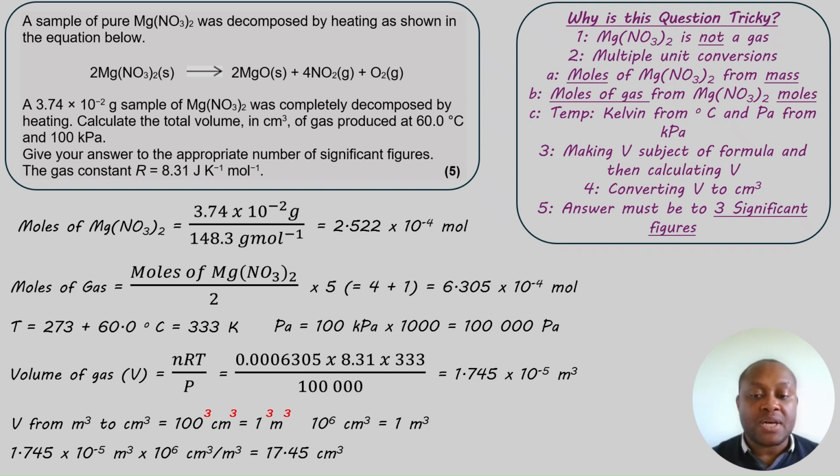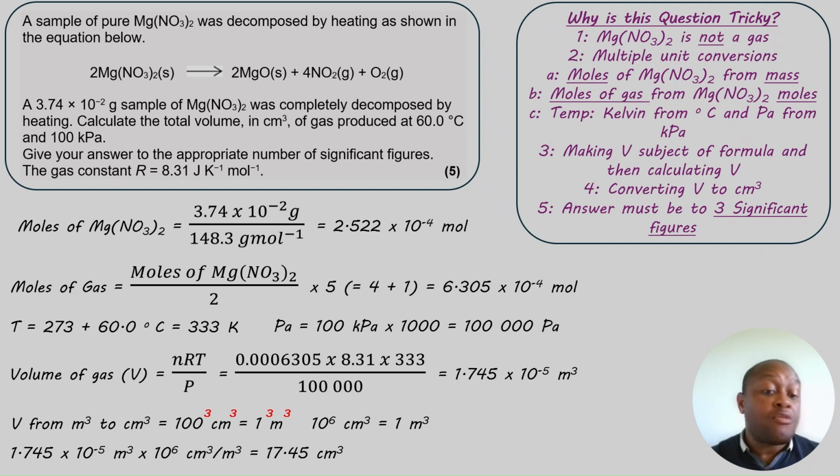We're given our temperature as 60.0 degrees Celsius. Now, the 0 after a decimal point is significant. Therefore, that is also 3 significant figures. 100 kilopascals is actually 1 significant figure, and R is given as 8.31 joules per kelvin per mole, which is 3 significant figures. So we want to give our answer to 3 significant figures.